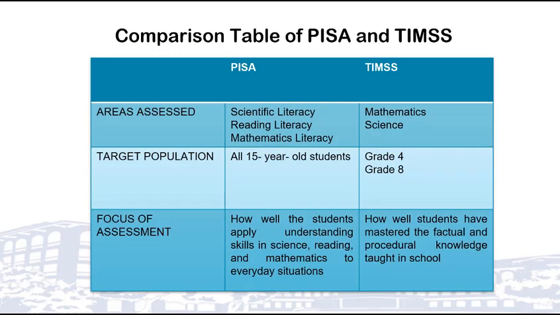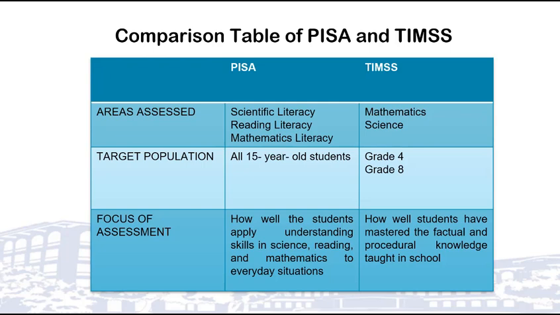We have here the comparison table of PISA and TIMSS. We have here the three categories to be compared: the areas assessed, the target population, and the focus of assessment. Under the areas assessed, we have for PISA scientific literacy, reading literacy, and mathematics literacy.